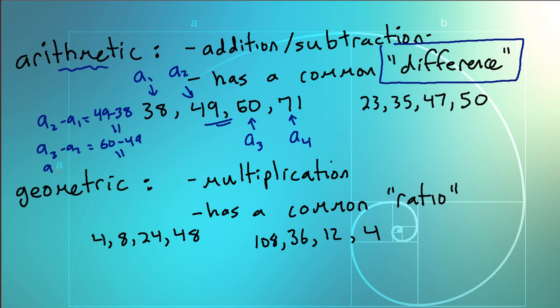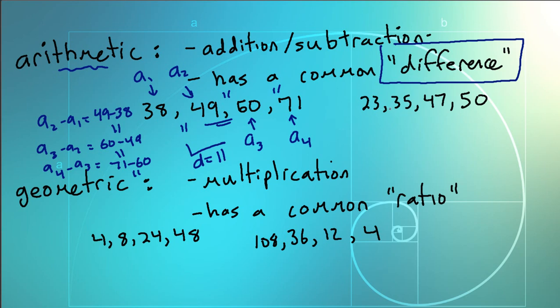And finally, the fourth term minus the third term: 71 minus 60, which also gives me 11. So the differences between them are 11 each time. So this one is arithmetic, and its common difference, we'll call it D, is 11.